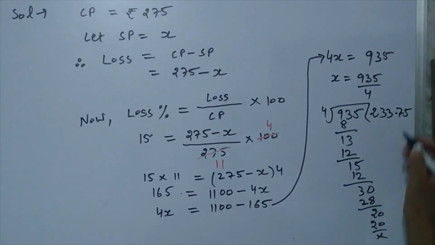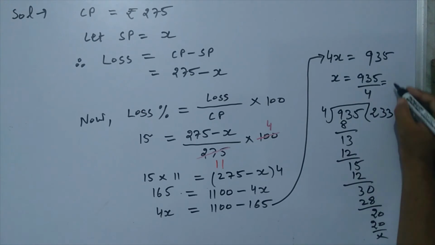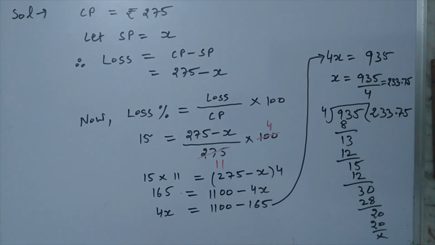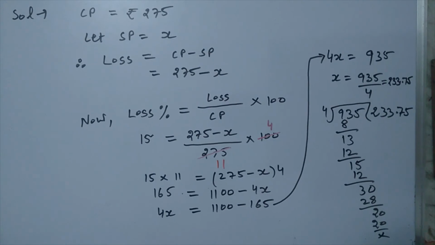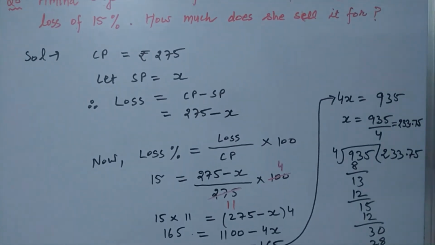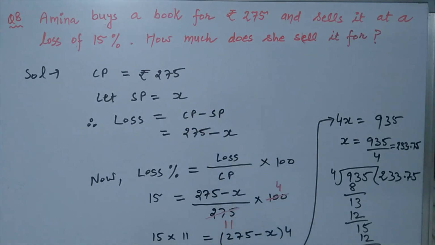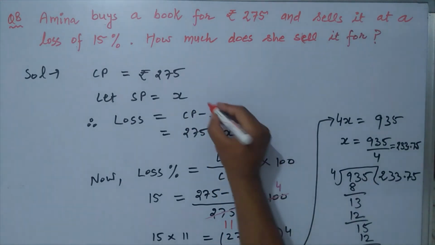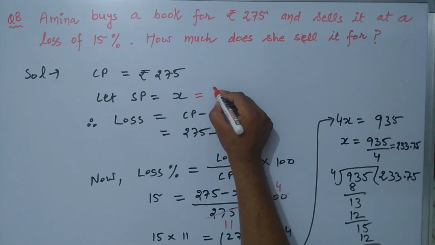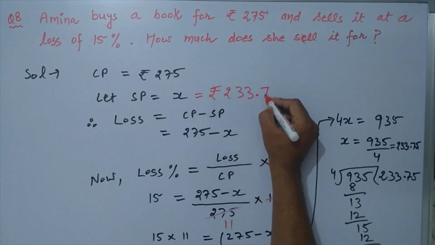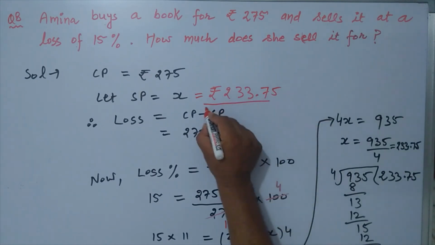So the value of x is equal to 233.75. So what is this? This is the selling price. So what is the selling price? The selling price we have obtained here is equal to rupees 233.75.